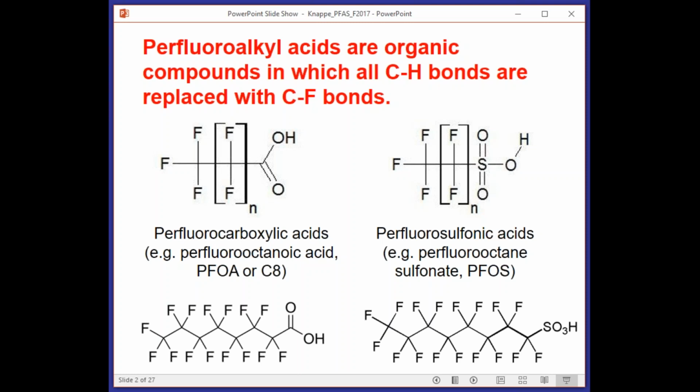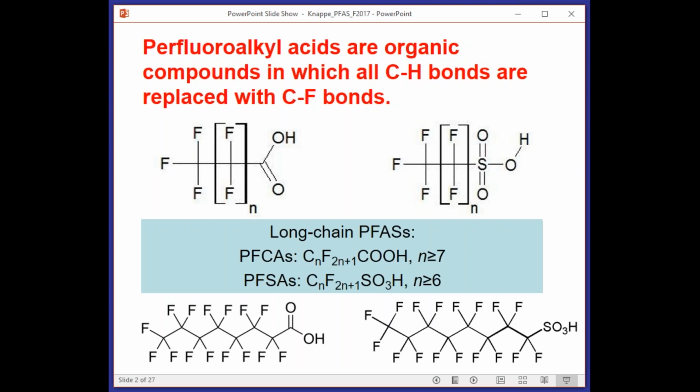Both the carboxylic acids and sulfonic acids are strong acids, and therefore these compounds occur as anions in water. So you have a COO minus group or an SO3 minus group. Next slide.